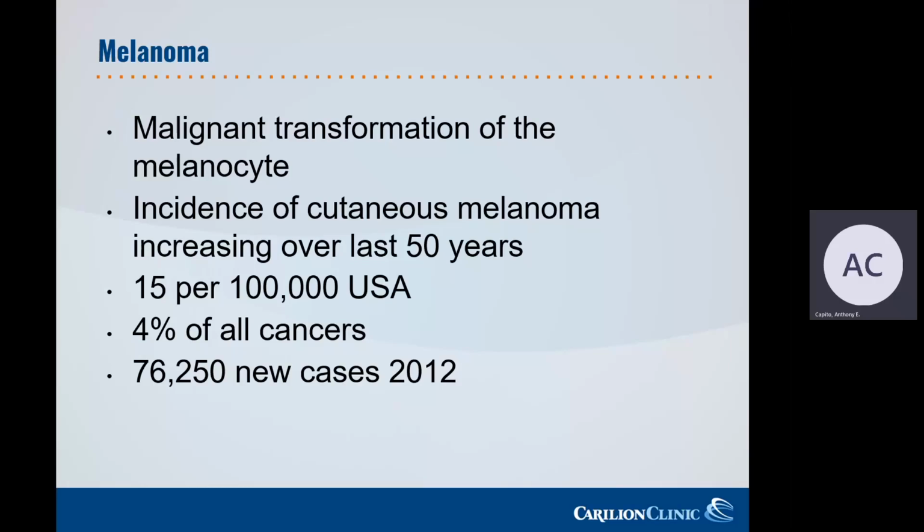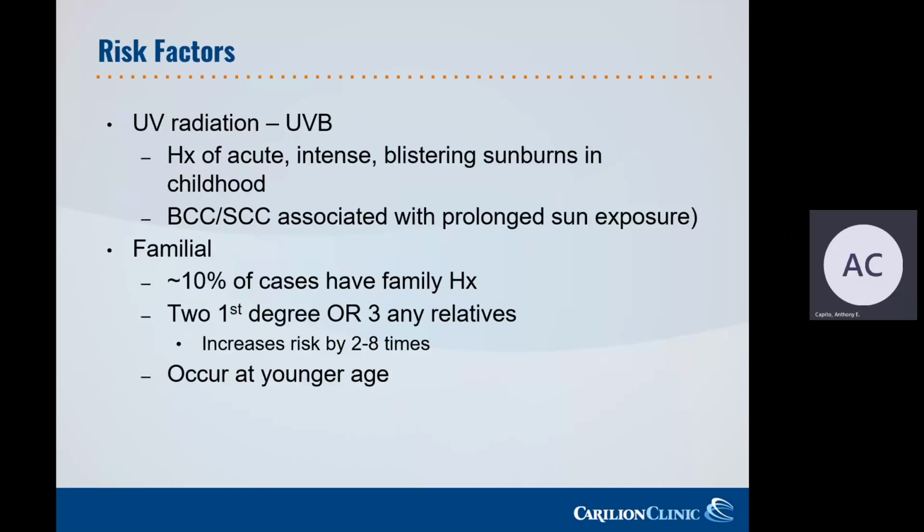Incidence about 15 per 100,000 and 4% of all types of cancers. This is old data from over 10 years ago, about 76,000 new cases each year for the US. Once again, radiation, UVB, definitely increase your risk of melanoma, and these are usually in your early years, your childhood and your teenage years.